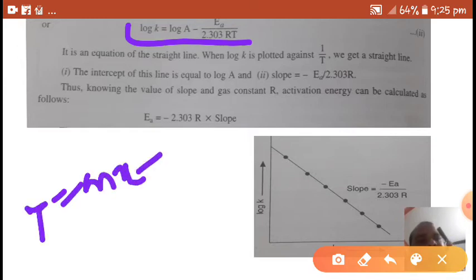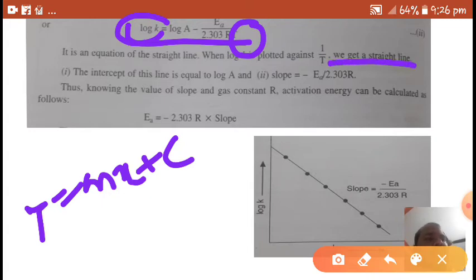If we plot a graph by taking log k on the y axis and 1 by T on the x axis, we get a straight line with a negative slope.